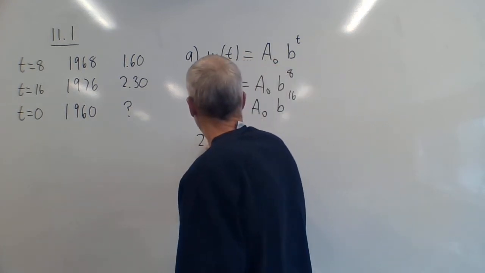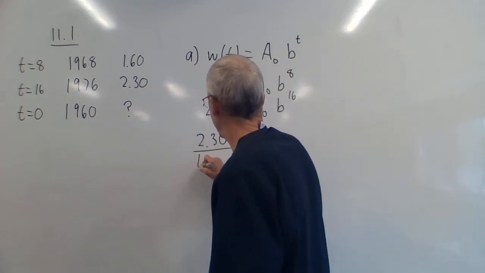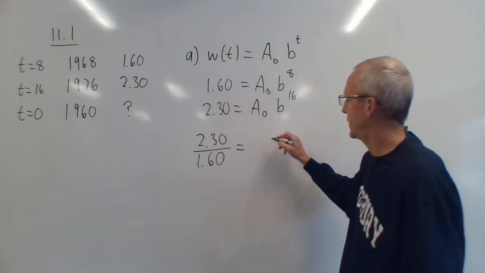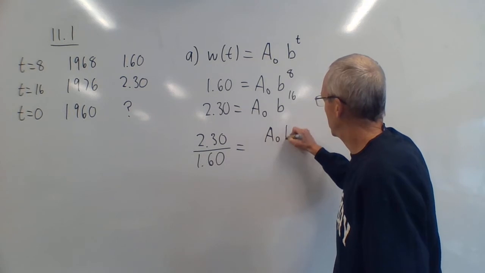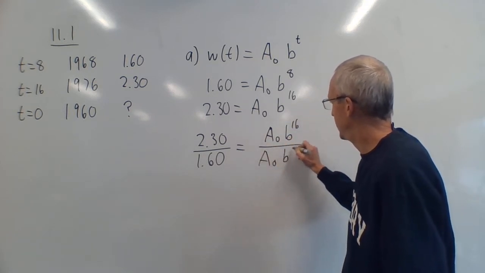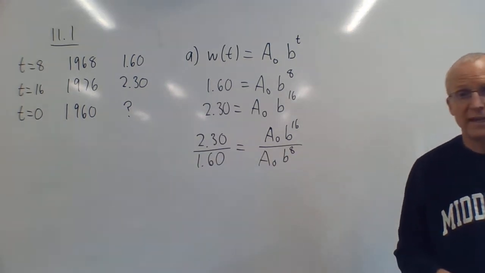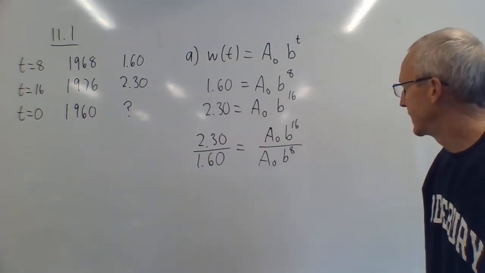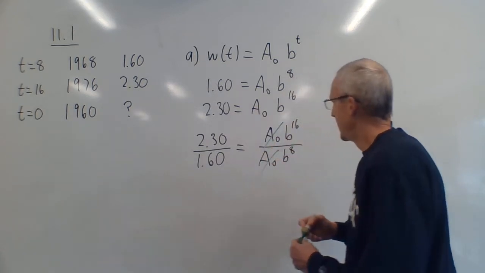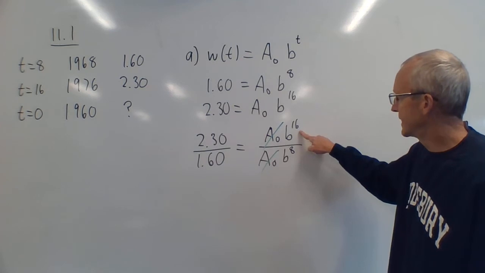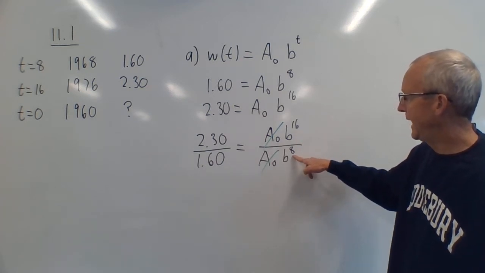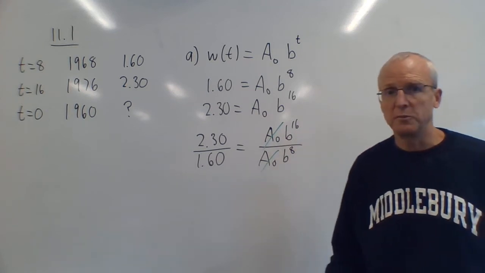So we have 230 over 160 on that side, and over here we have A0 b to the 16th divided by A0 b to the 8th. Again, just dividing each side. Now, what's really nice is the A0s cancel. That's why we did that. And b to the 16th divided by b to the 8th, we're just taking away 8 of the b's, and that's equal to b to the 8th.